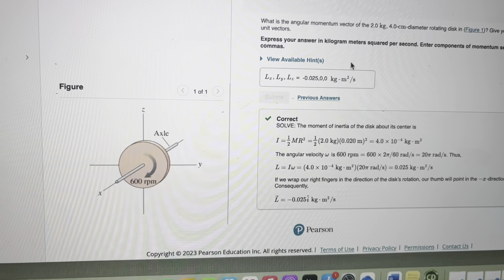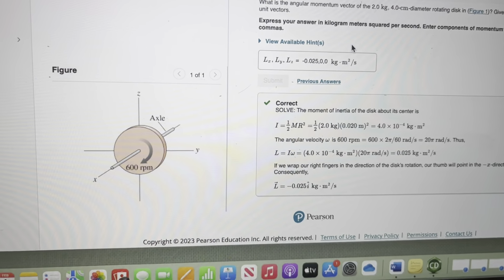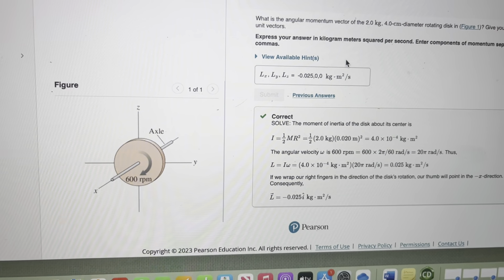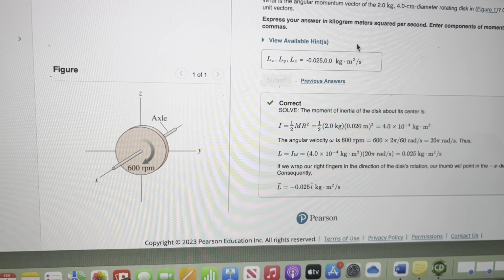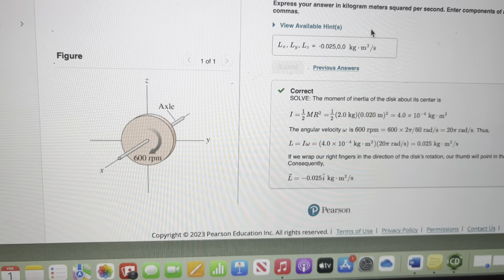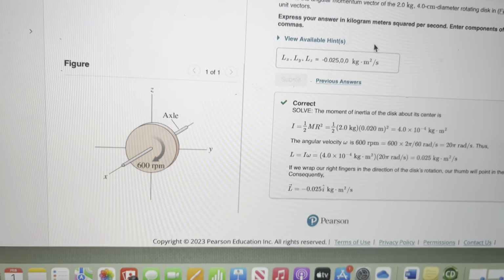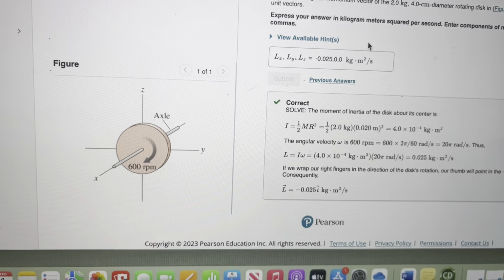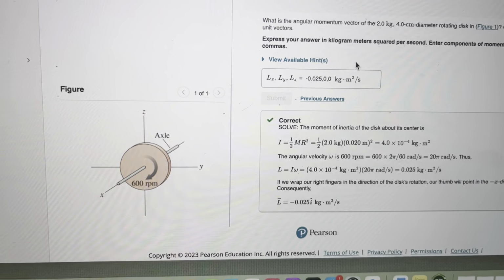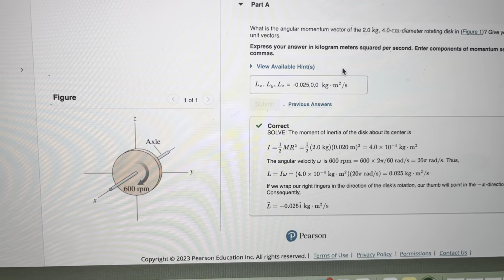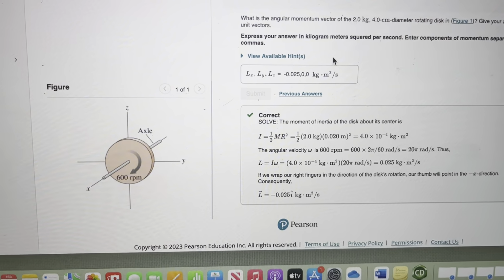And if we use our right-hand rule, and we line up our fingers in the direction that it's rotating, you would get that it's pointing along the x-axis out of the screen towards us, and that is the negative x direction. So we know that if we split it into vectors, the x value is going to be negative.